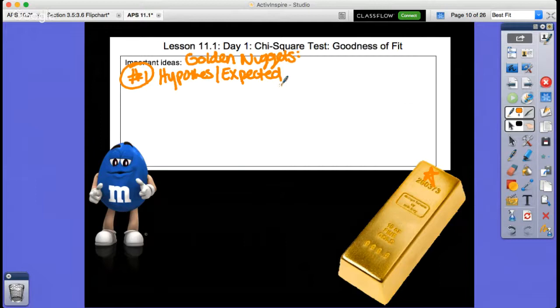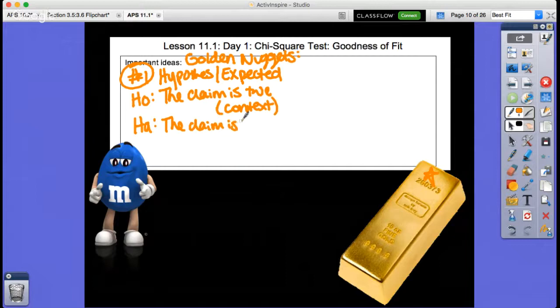So for instance, we have a null, and within our null, we say the claim is true, whatever the claim is within the context of the problem. Just make sure you put it in context, okay? The alternative will say that the claim is not true, okay? And again, you don't have to put in context twice, but just make sure you understand what that's referring to.